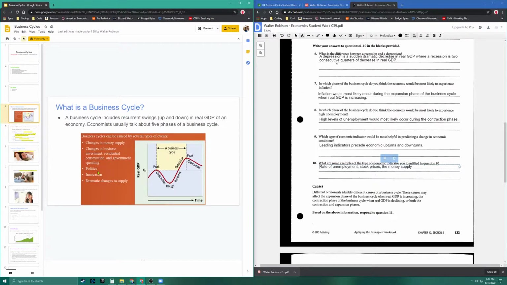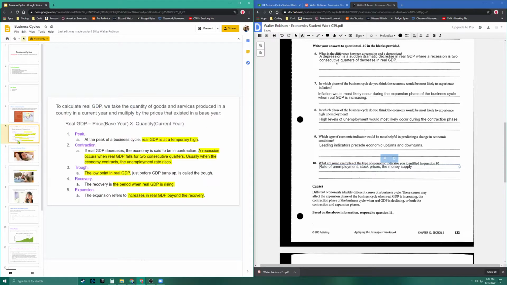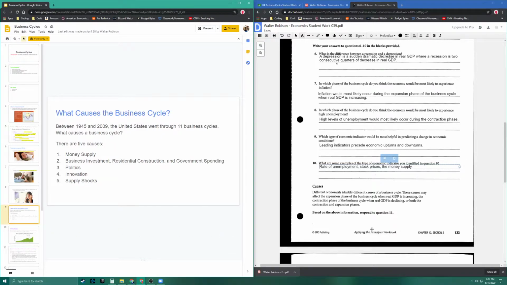Where am I getting these? I have these listed someplace. And then I just go with etc. There's a whole list of things. There's more than just this. This is also found in the textbook.